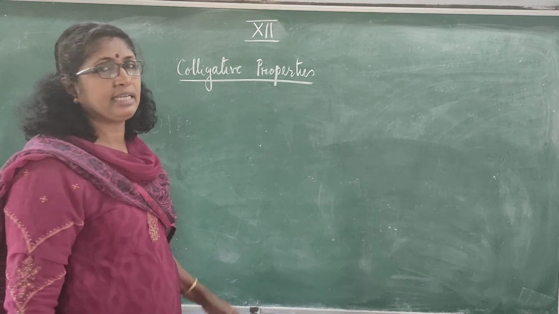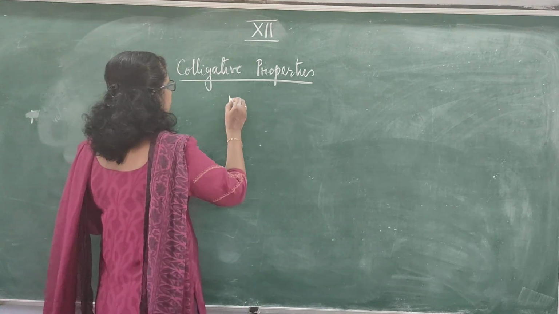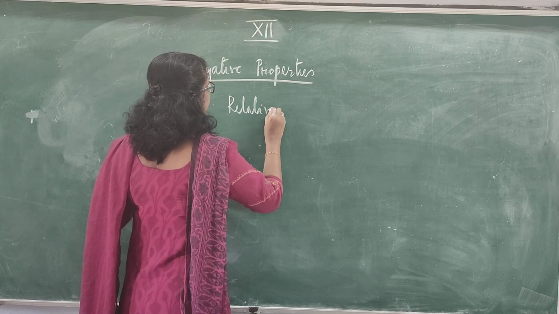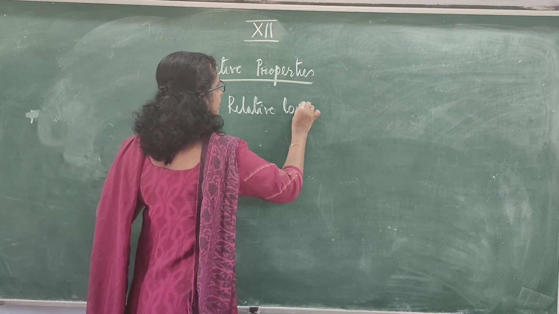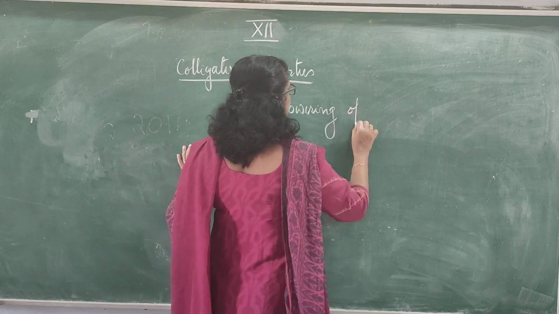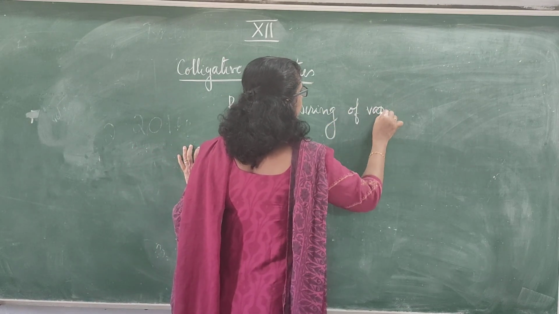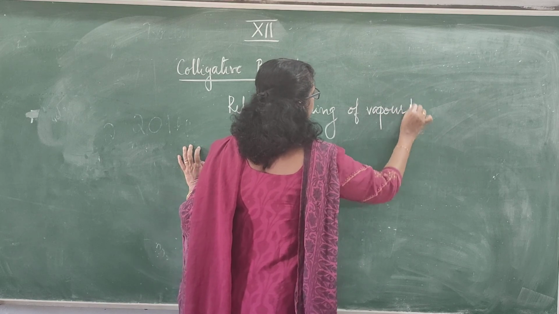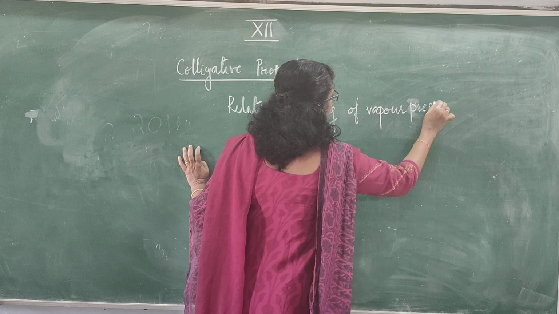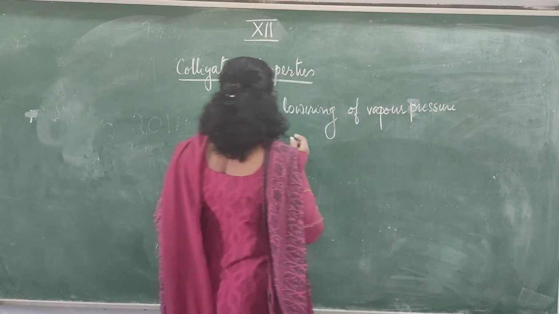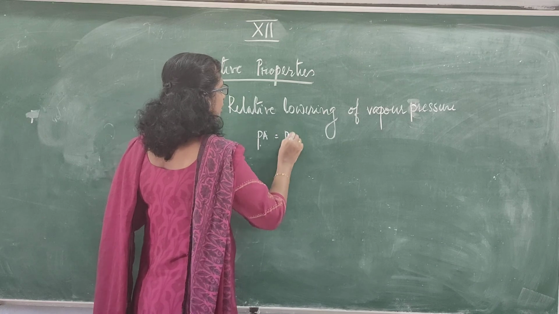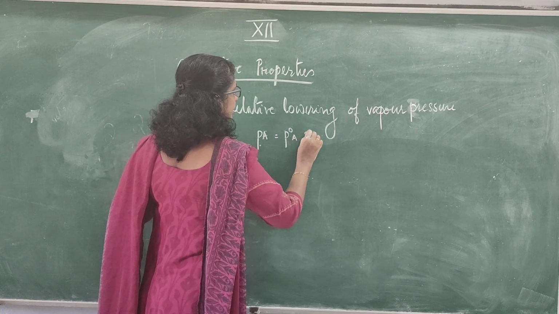Now, according to Raoult's law, relative lowering of vapor pressure. We have studied according to Raoult's law, PA is equal to P naught A into XA.